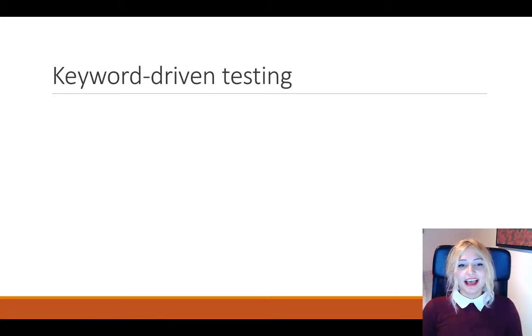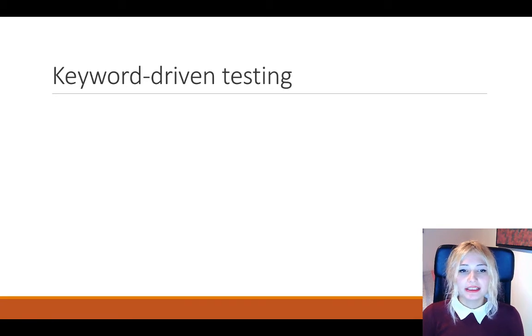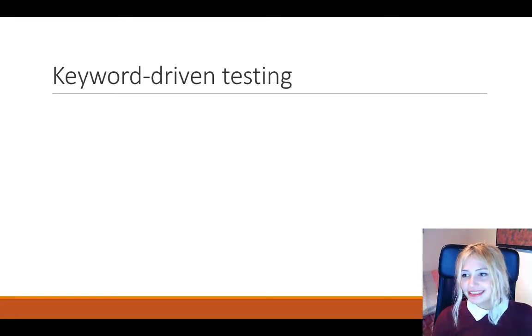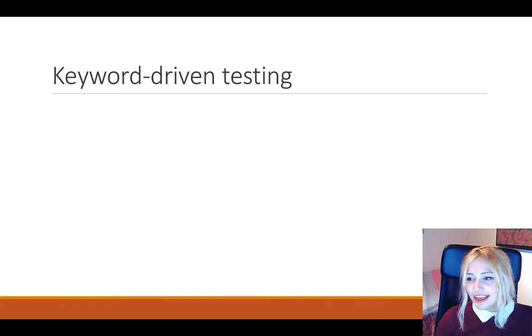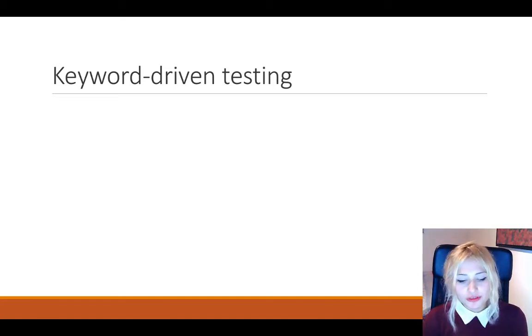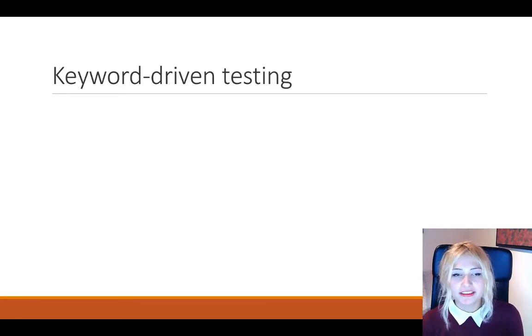And one of the approaches that I'm going to introduce in this project is keyword-driven testing. Keyword-driven testing is a testing approach that uses data containing the keywords related to the application being tested. Those keywords define the actions you can use to execute the test cases.